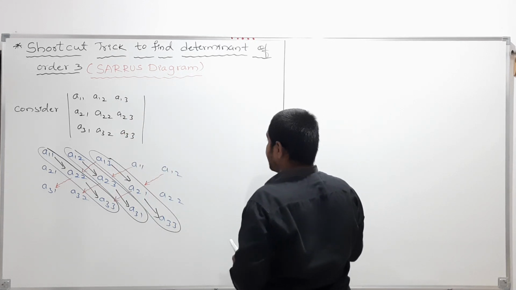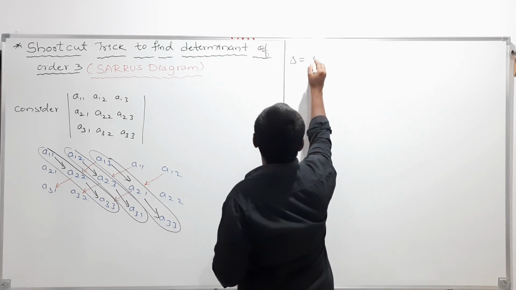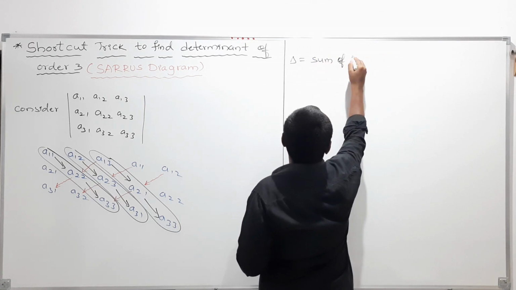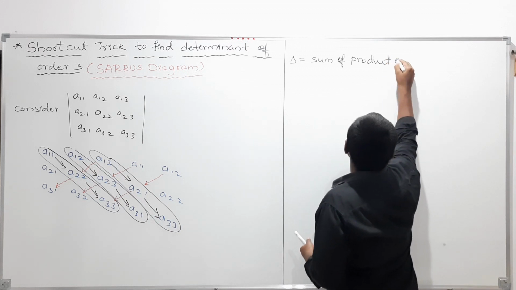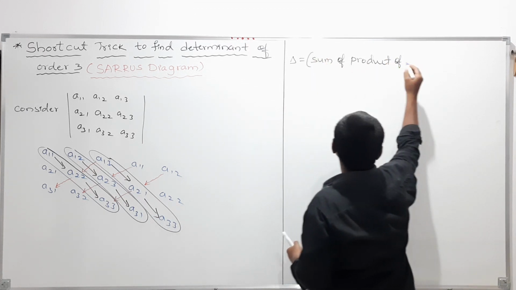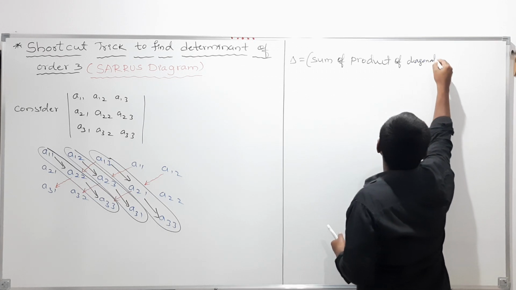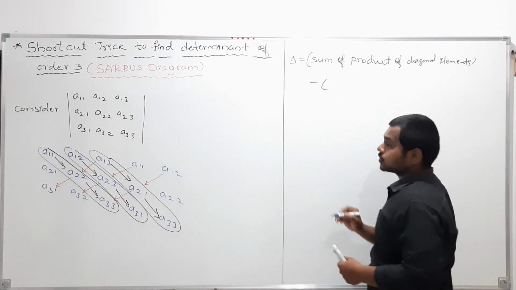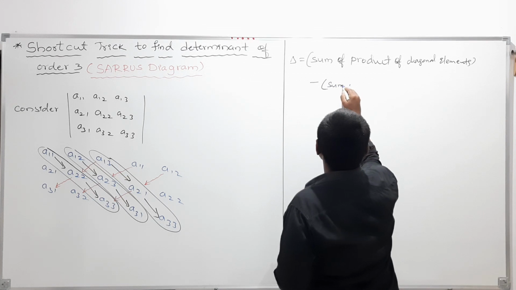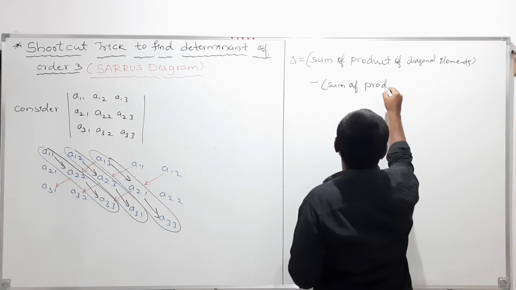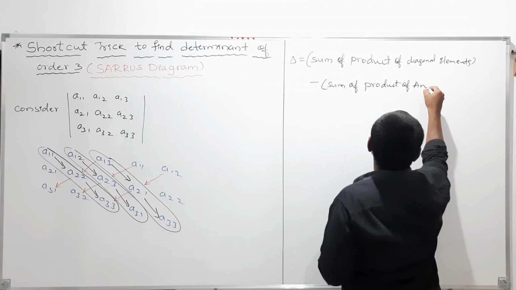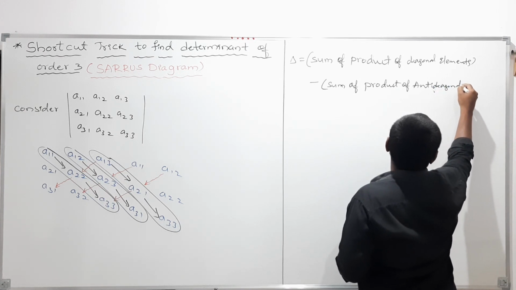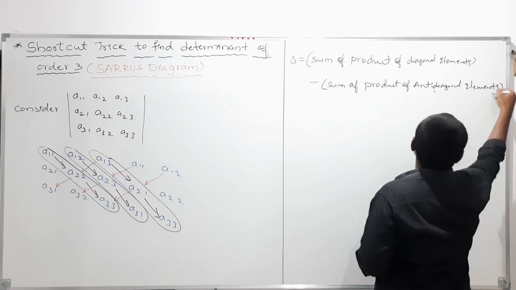Clear? So now to calculate the determinant value, we should use the formula. What is that formula, my dear students? Here it is. The determinant value is equal to the sum of the product of diagonal elements, minus, you should subtract, the sum of the product of anti-diagonal elements.